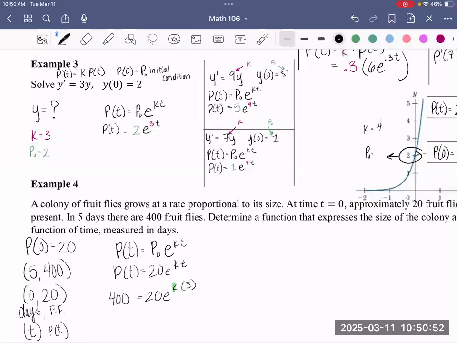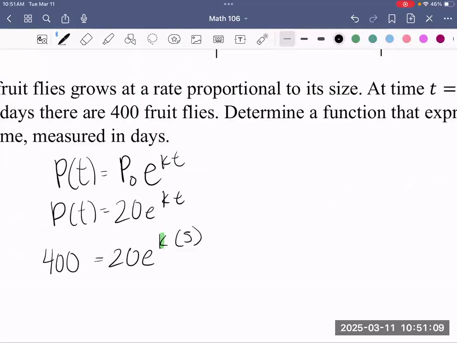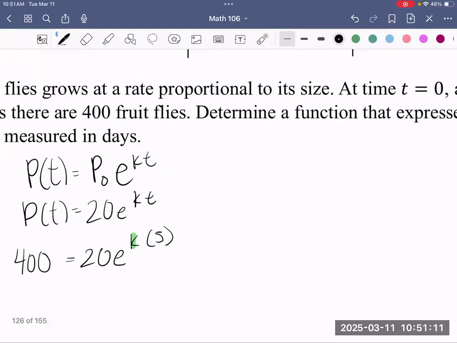So we actually know how to do this, given that we have practiced in our chapter, I want to say that was like 4.2, maybe 4.4, exercises of how to solve for your exponential function. So here right away, let's go ahead and divide 400 by 20, e to the 5k here.